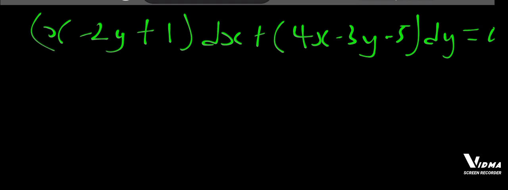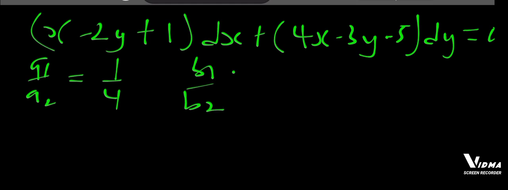Here our a1 is 1, our a2 is 4. And we have to check so we have a1 over a2 to be equal to 1 on 4. And we have to check whether it is equal or not equal to b1 over b2. b1 over b2 is negative 2 over negative 3.